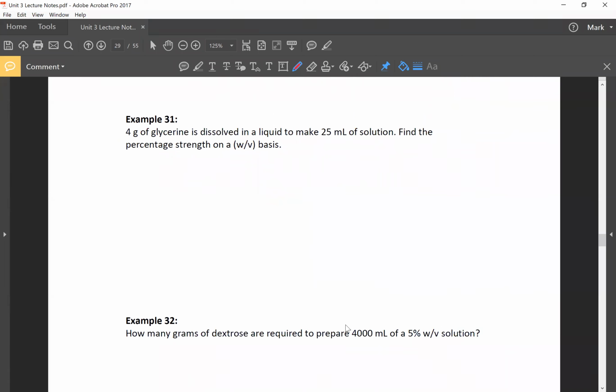Okay, what about 31? 4 grams of glycerin. We've been talking about glycerin a fair bit, I guess. 4 grams of it is dissolved in a liquid to make 25 milliliters of solution. So, right, we have our solute. We have our solution.